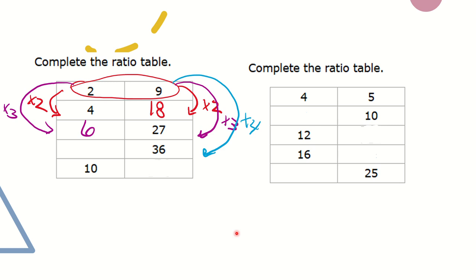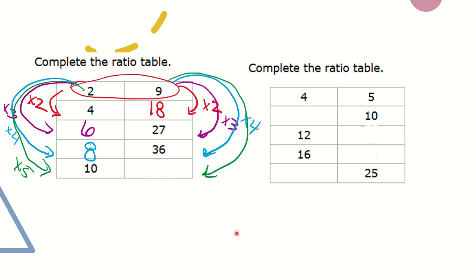So 2 times 4 gives me 8. I know that 2 times 5 gives me 10. So 9 times 5 gives me 45. And therefore my table is complete.